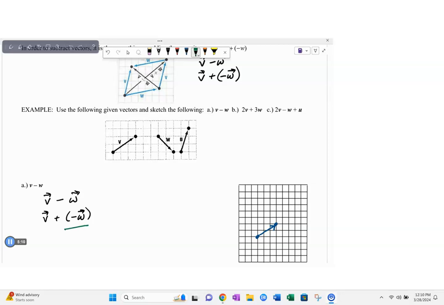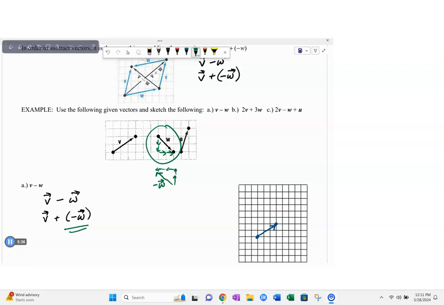Plus, now let's do minus w, the opposite of w. So instead of going down 2, right 2, I'm going to go the opposite direction. I'm going to go up 2, left 2. This would be negative vector w.